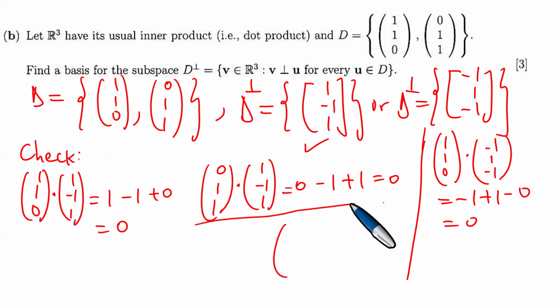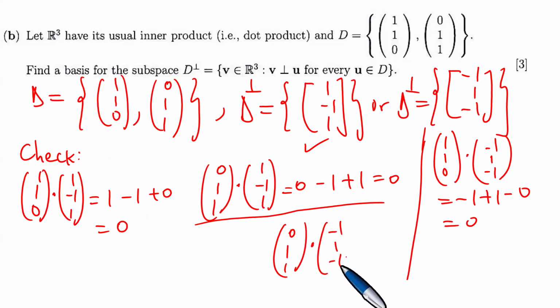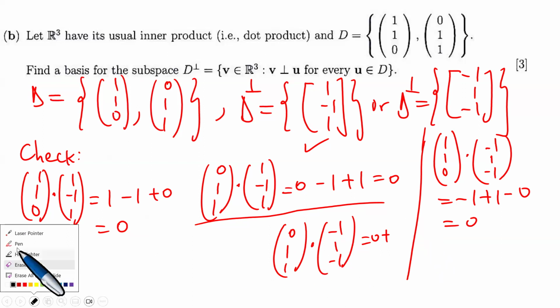And then you also dot 1, 1, 0 and 0, 1, 1 with minus 1, 1, minus 1. This one and this one, you have a 0. This one and this one, you have a 1. This one and this one, you have a minus 1. Okay, let us check this one. We're just checking.